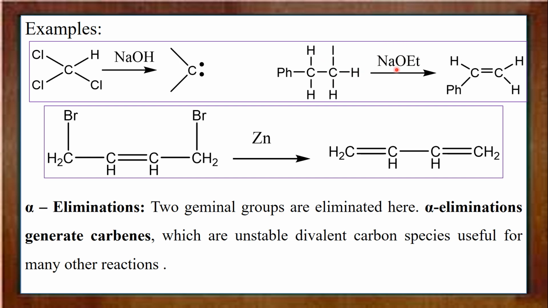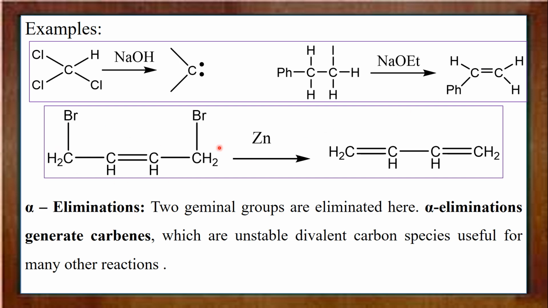When we add a strong base like alkoxide, it removes a proton from the beta carbon, and a halide or the leaving group from alpha carbon. So two groups are eliminated from alpha and beta carbon atoms, resulting in the formation of an alkene, an olefin. More about the mechanism of this kind of reactions we are going to discuss later.